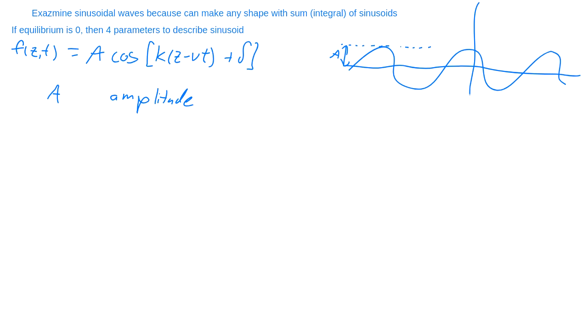Okay. Cool. So then here's the next thing, the whole entire argument of the cosine. So I'll write that, k times z minus vt. We call that the phase. Basically, where in the argument of the cosine. And then that delta right there, we call that the phase constant.